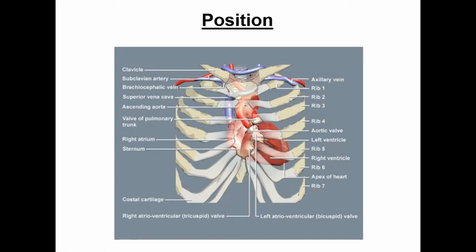In full expiration, ascent of the diaphragm forces the heart into a more horizontal position. So when we take full expiration, the diaphragm forces the heart into a more horizontal position rather than the vertical one.